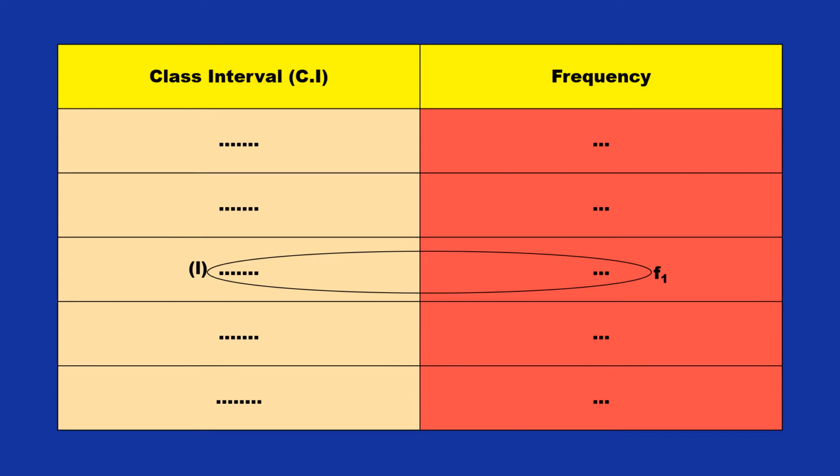Now we are finished with F1 and L. Whatever the frequency before F1 is, that is your F0. The next one after F1 is F2. H will be the same for mean, median and mode. H is simple: if the interval is 10 to 20, you take H as 20 minus 10. You can take any class interval difference and you will get the same thing.